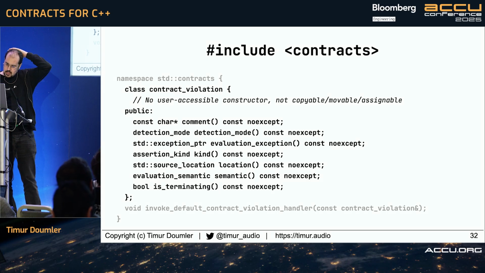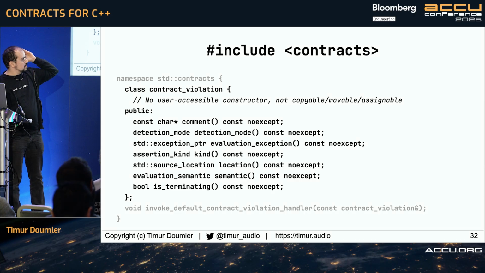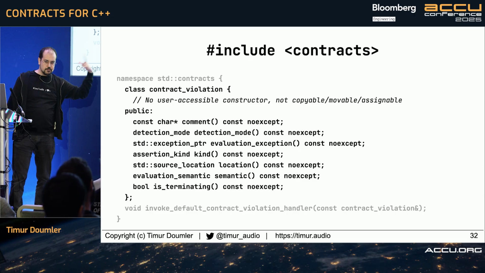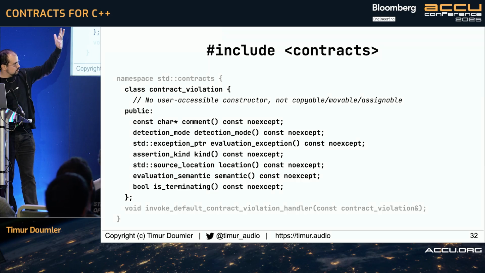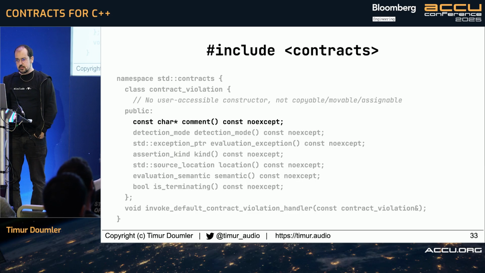It has a bunch of member functions. Note that it doesn't have data members that are prescribed here, so we want it to be ABI forward compatible. So you access it by these functions. Comment gives you a human readable description of what went wrong, typically containing the expression that was violated.